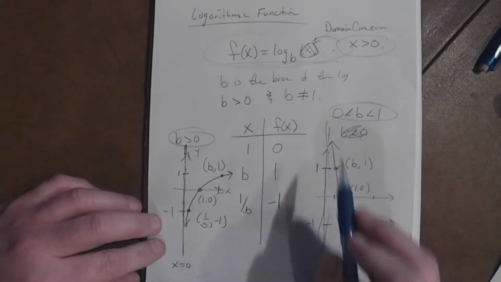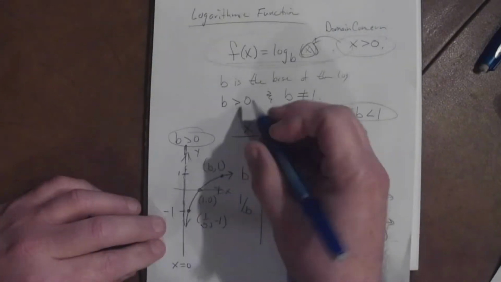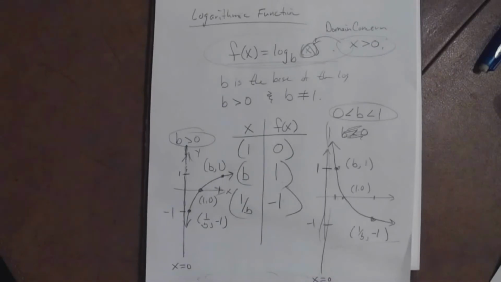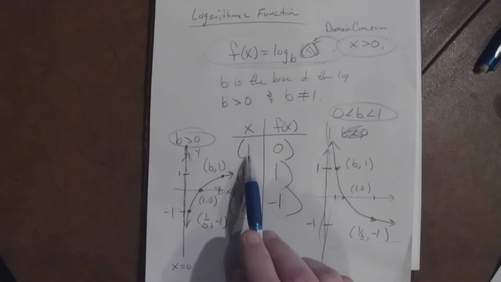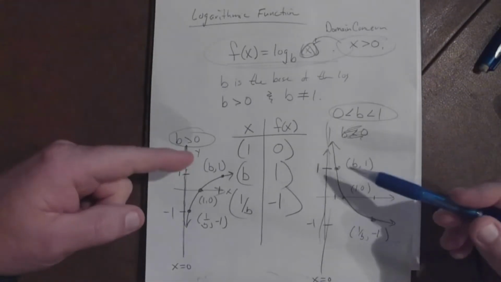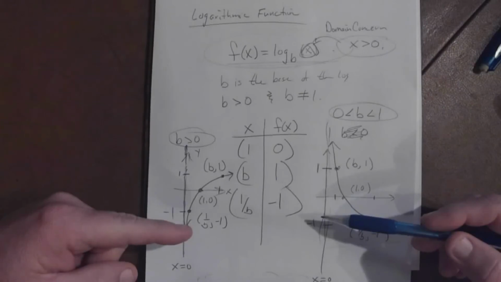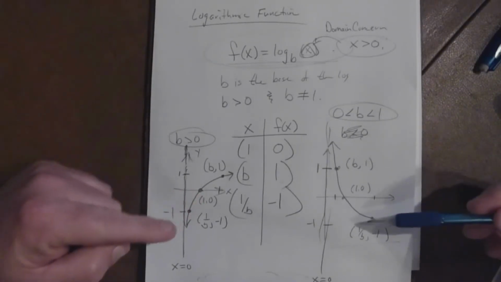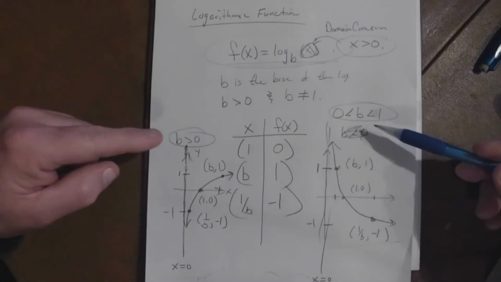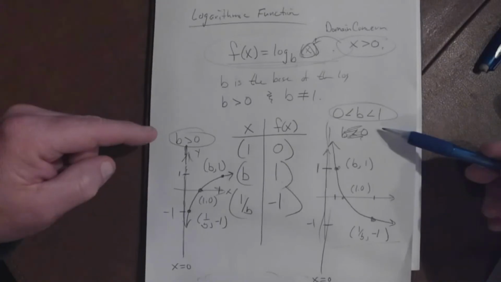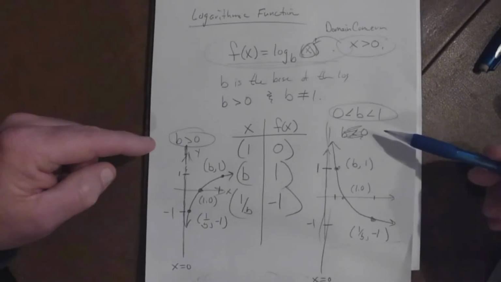In either of these graphs, they all pass through 3 easy to find coordinates, those given by (1, 0), (b, 1), and (1/b, -1). Those 3 coordinates given in general for this fundamental form will describe one of these 2 graphs, depending on what is our value for b in the base of that logarithmic function.